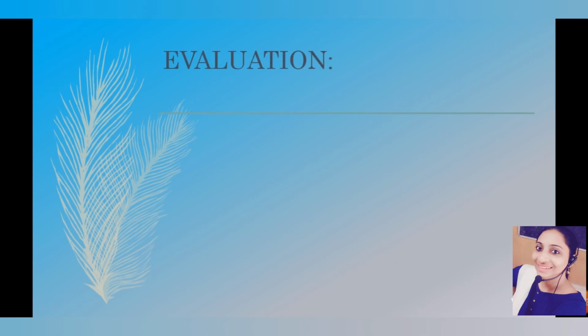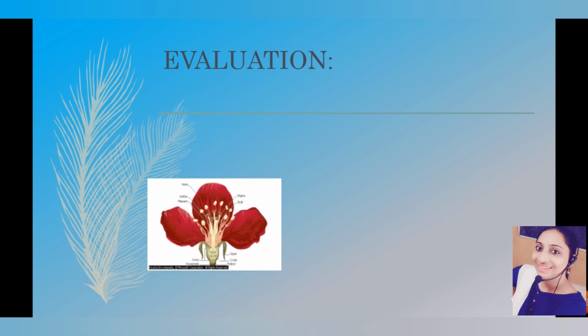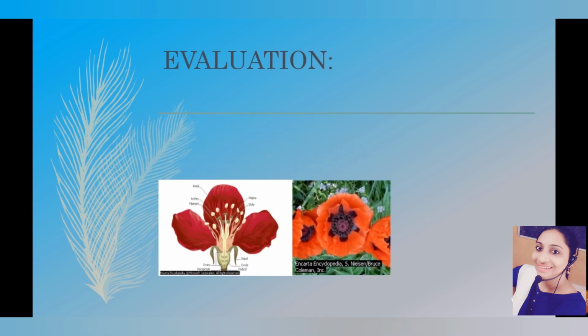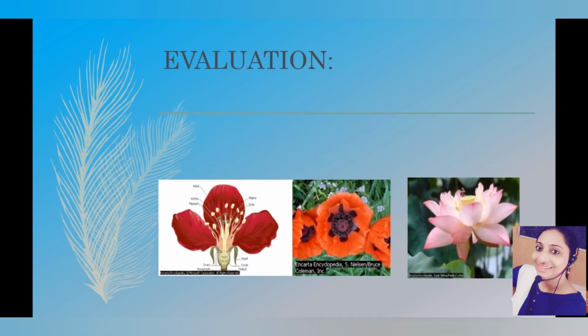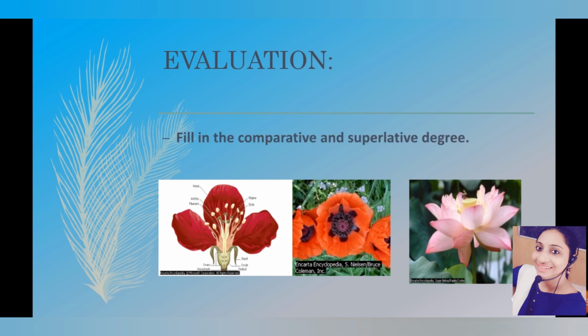Now this is the evaluation part, children. You can see there are three flowers, and here you have to fill in the comparative and superlative degree. You have to fill the degrees of adjective, like beautiful, more beautiful, and most beautiful.